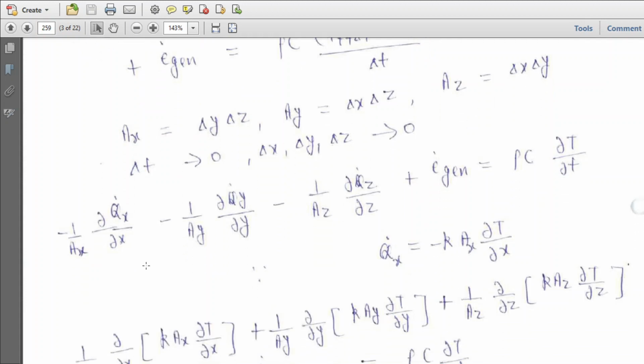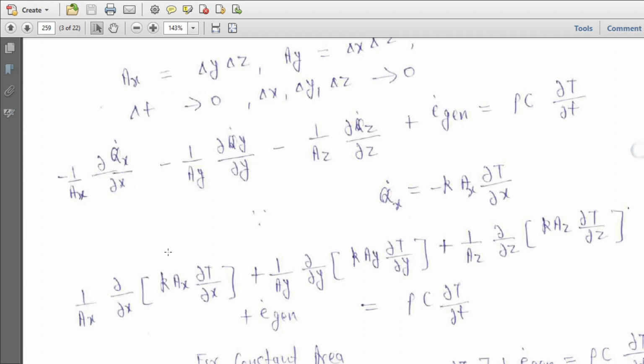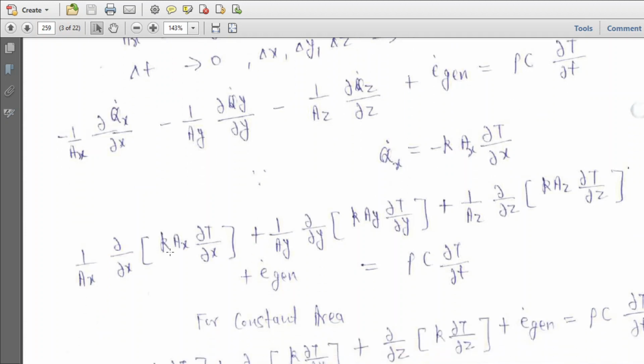Substituting that here, you get 1 upon A x del upon del x of k A x del T upon del x, plus 1 upon A y del upon del y of k A y del T upon del y, plus 1 upon A z del upon del z of k A z del T upon del z, plus E dot generation, equal to rho c del T upon del t.